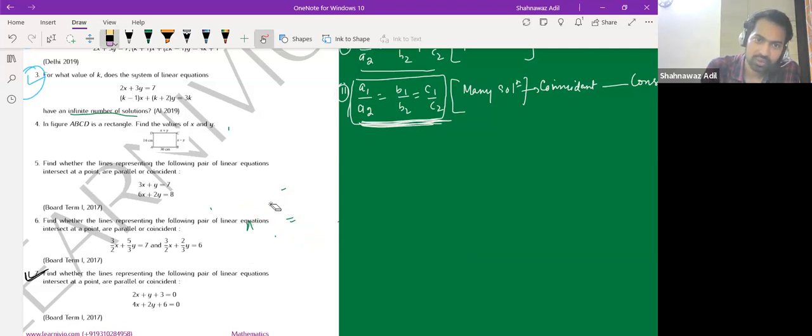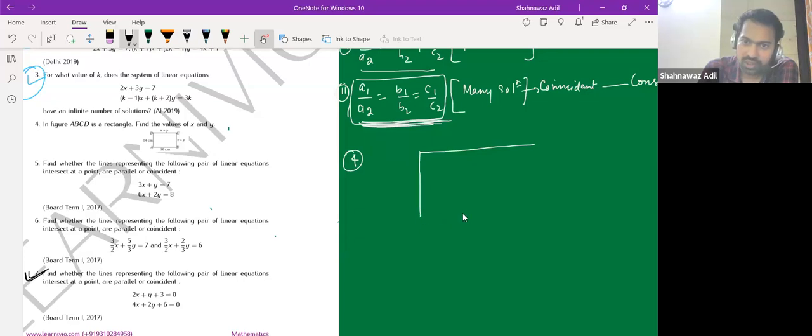Now we will do the fourth question and then skip the next one. These were the simpler ones, so we'll do one more question. We have 5 minutes. The fourth one: the rectangle ABCD is given.